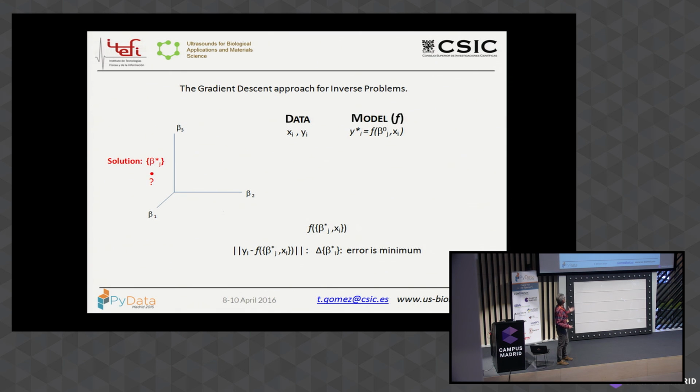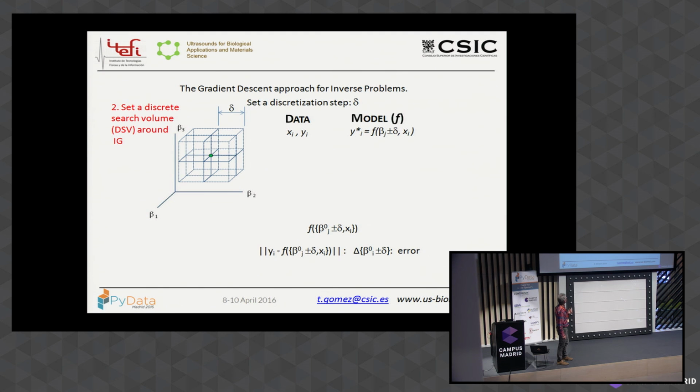The solution is somewhere, we don't know where, and we would like to reach that point. We have the data, we have the model, and we have a way to compare the data with the prediction: the error. We want to find the point where this error is minimum. The only thing I have is an initial guess, and I want to be able to go from this initial guess to the final solution.